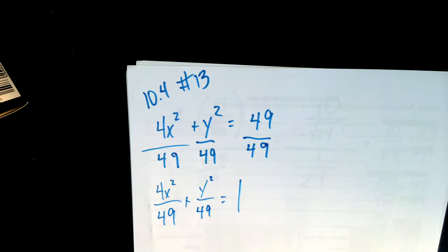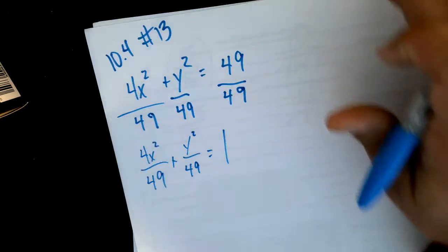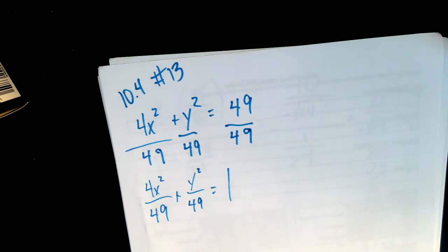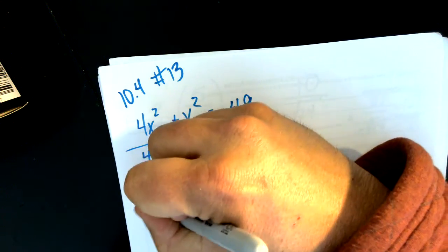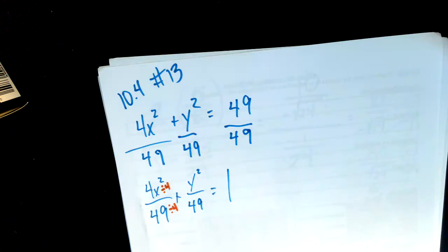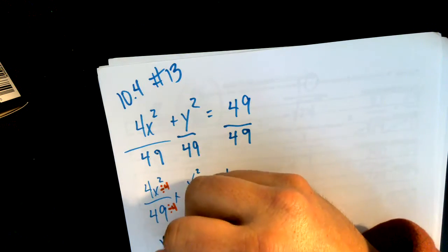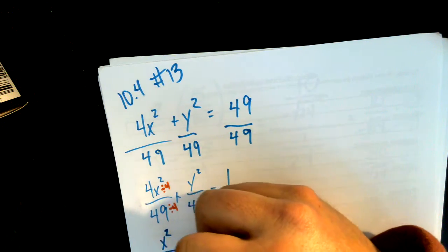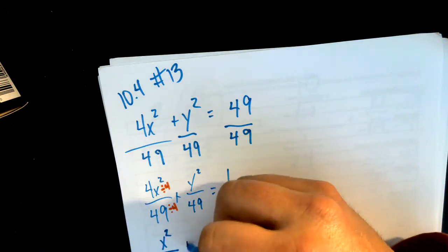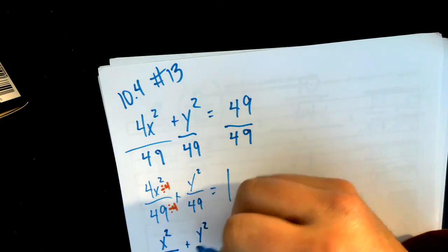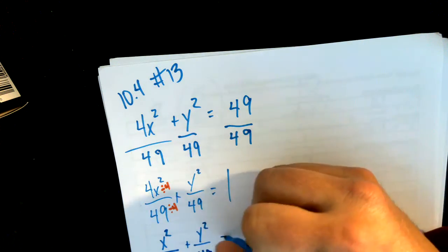Now, this isn't something that I've had you do before, but I think this might actually make sense. What if you divided the top and the bottom of this fraction by 4 and wrote it in a way that you're not used to writing it? You would get x squared over 49 over 4 plus y squared over 49 equals 1.